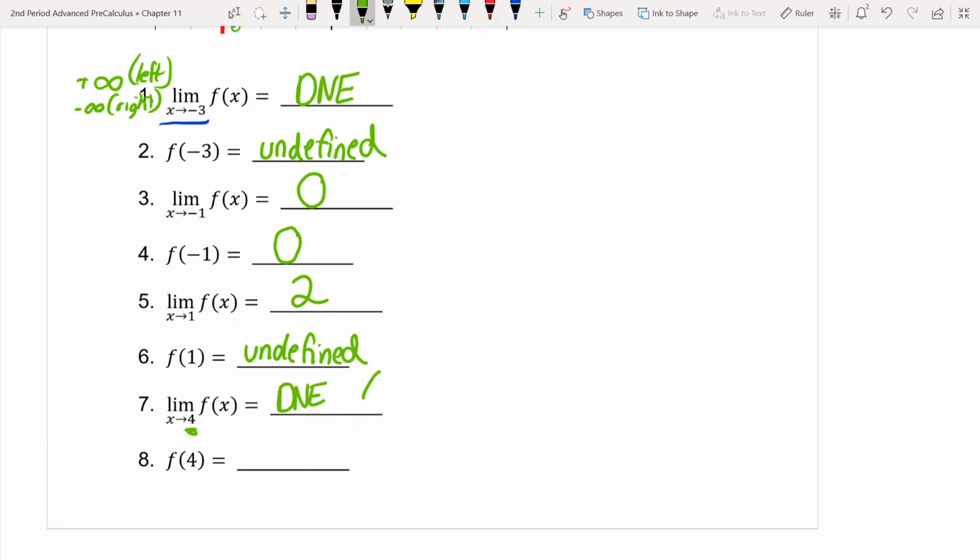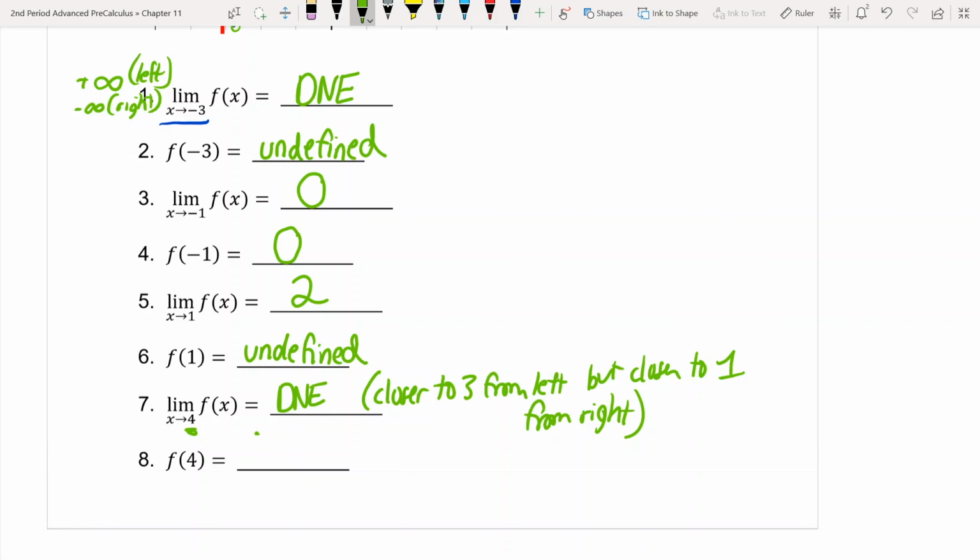The reason for that is we're getting closer to 3 from the left, but closer to 1 from the right. And you're specifically looking at y values.